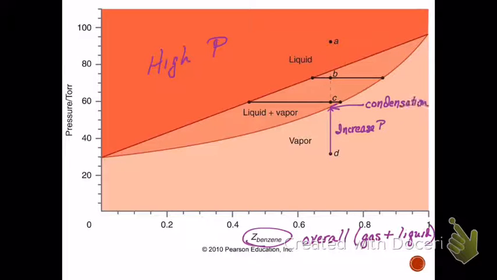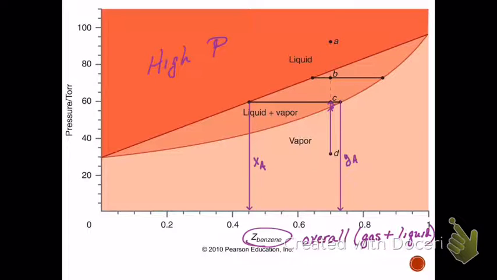At that point, we find the vapor begins to condense into liquid, and if we raise the pressure even further to point C, we have a situation where we are in equilibrium, where the pressure over here on the boundary corresponding to the liquid corresponds to the mole fraction of substance A in the liquid phase. And over here on the right, where the point intersects the boundary for the vapor, that corresponds to the mole fraction of A in the vapor phase.